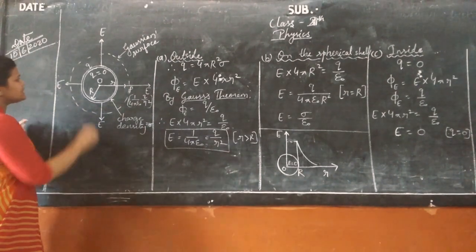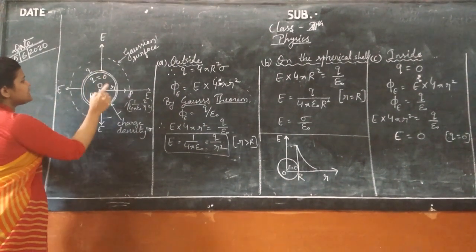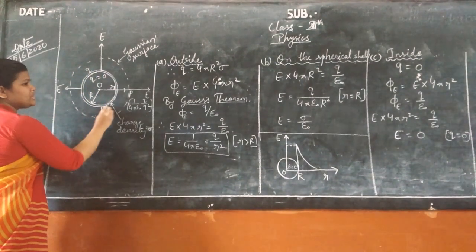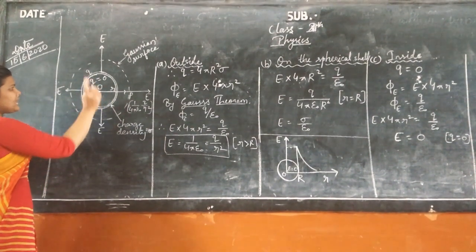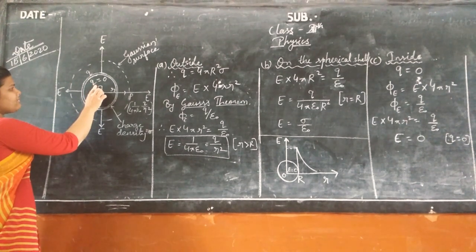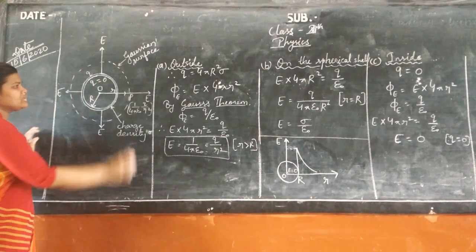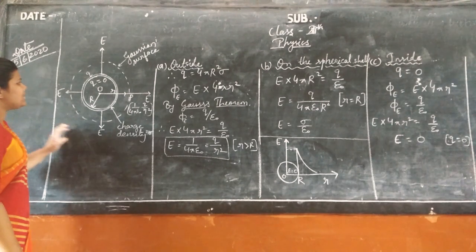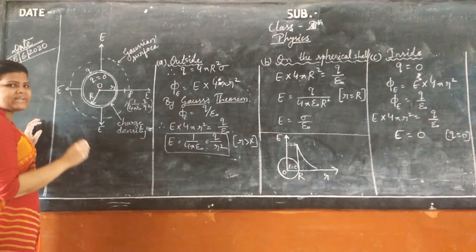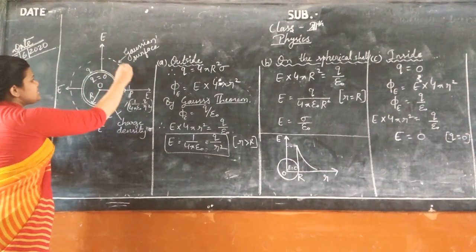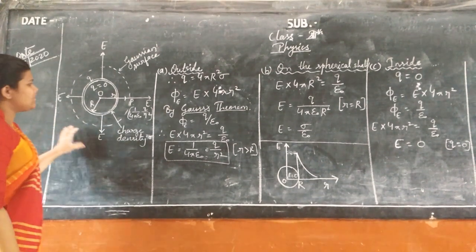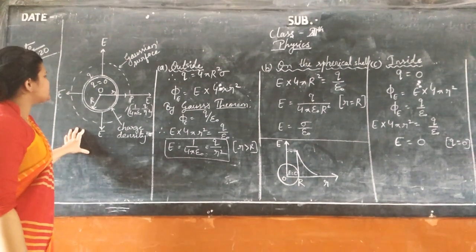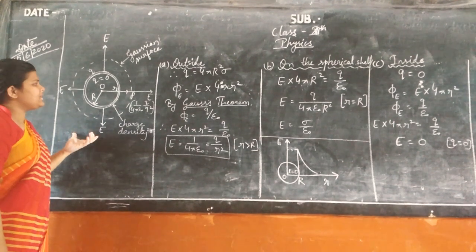Now let's continue here. Whatever charges we have given is distributed over the surface of this spherical shell, and inside it we have charge Q equals to 0. Now to find out the electric field, we will imagine one Gaussian surface here. Now what is the total amount of electric field?